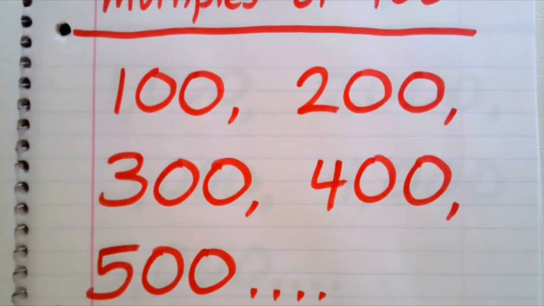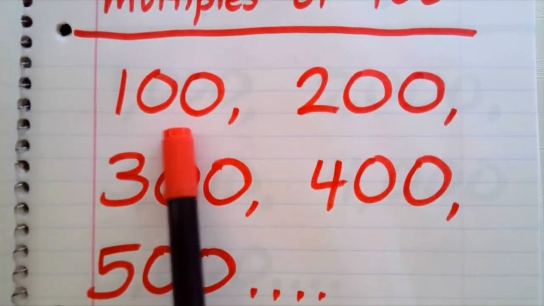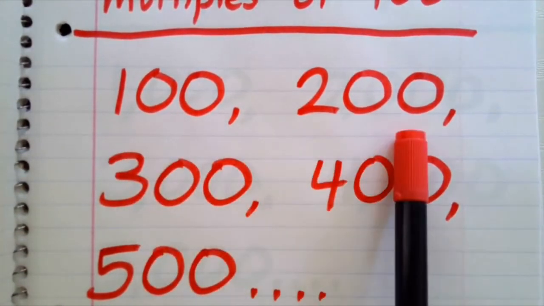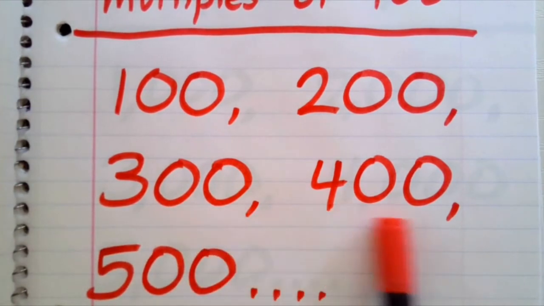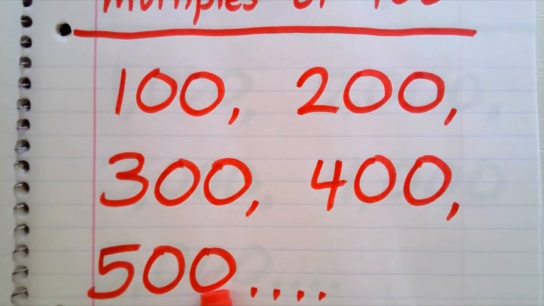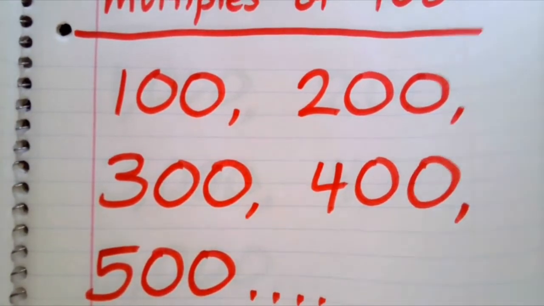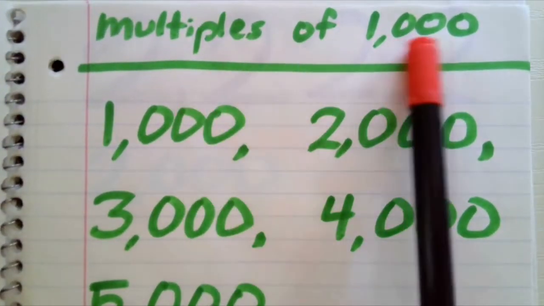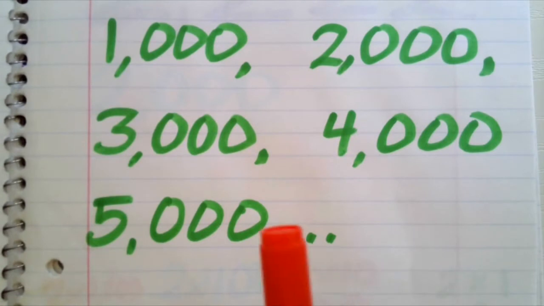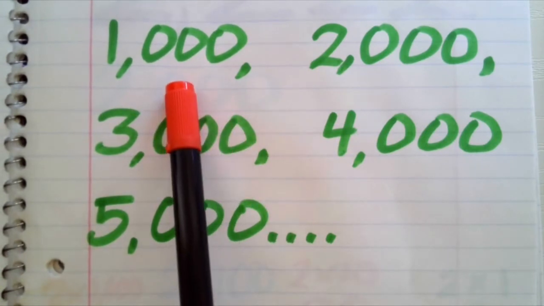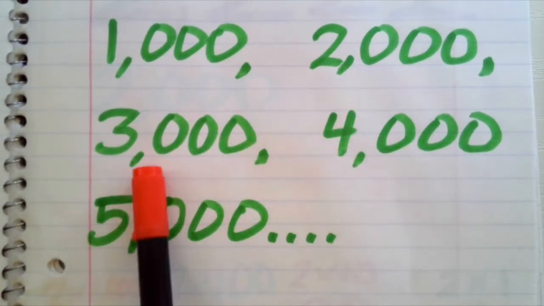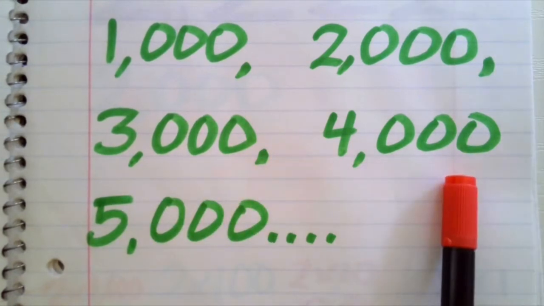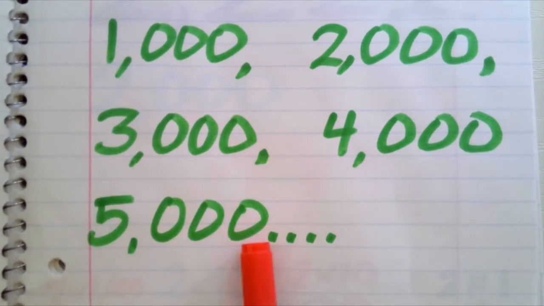Multiples of 100. Say it with me. 100, 200, 300, 400, 500. Multiples of 1,000. Say it with me. 1,000, 2,000, 3,000, 4,000, 5,000, and it goes on.